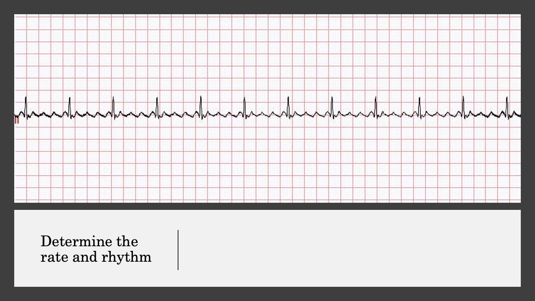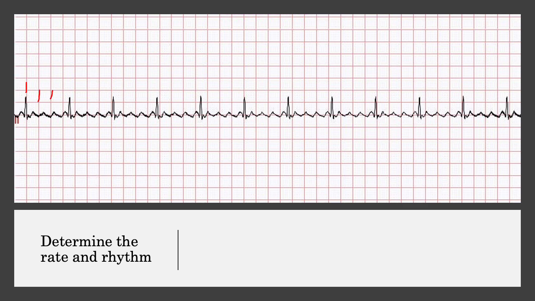So I have a regular rhythm, and my QRS complexes appear to be normal and not prolonged. So I have a narrow complex rhythm that is regular. And so if I'm going to try and determine rate first, I'm going to find the QRS complex that is closest to the big box marking, and then use the rule of 300 to determine.